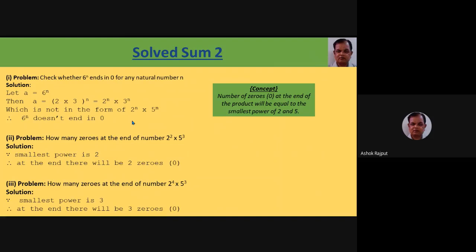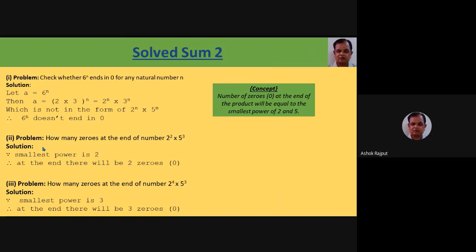It is very simple. We will factorize and make the pairs, write in indices form, or you can say in the exponent form, and then decide if it is in the form. If it is not in the form, then it doesn't end in 0.